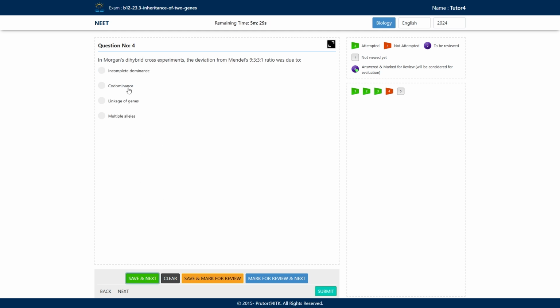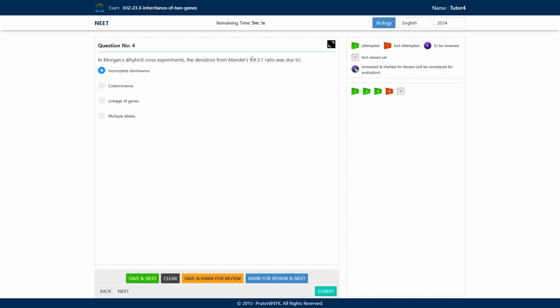Now, in Morgan's dihybrid cross experiment, the deviation from Mendel's 9:3:3:1 ratio was due to. Okay, we'll talk about this also. So Morgan conducted experiments on Drosophila. He conducted dihybrid crosses in the Drosophila, and what he observed, he didn't observe this ratio 9:3:3:1. He observed some other ratio.